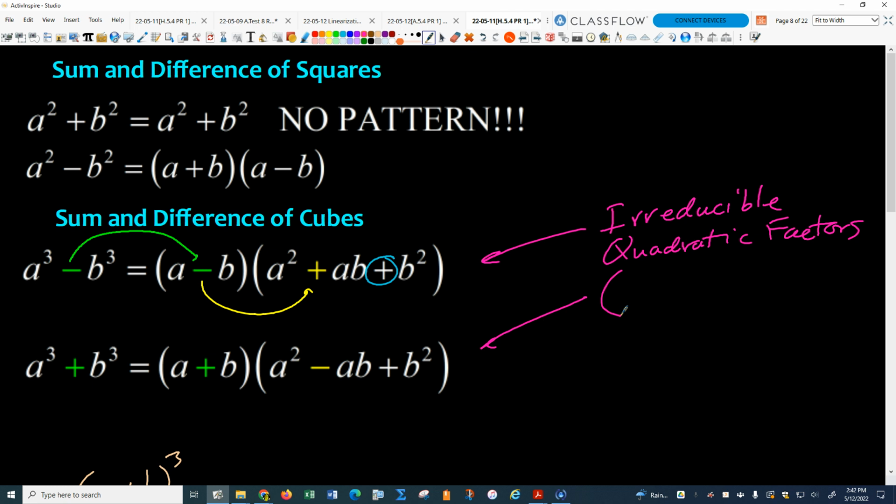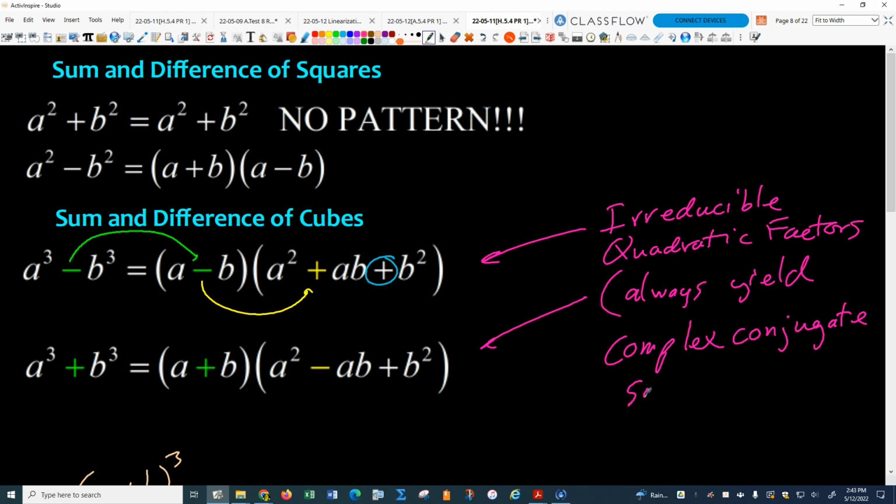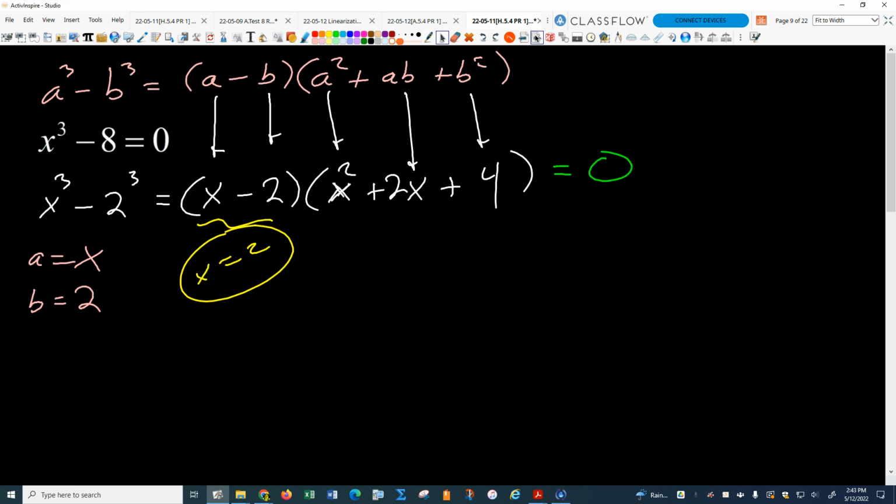They're always going to give a complex conjugate pair of imaginary solutions from those trinomial factors we get in these patterns. Never going to be real, always imaginary. So don't even bother trying to factor them. Just set it equal to 0 and solve using the quadratic formula. It's the only way to do it.